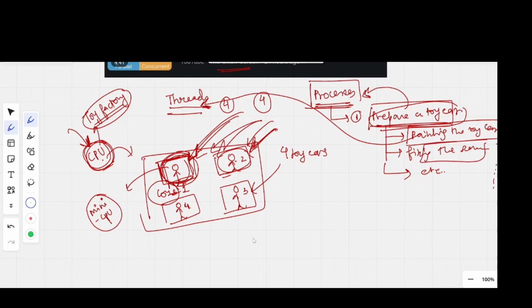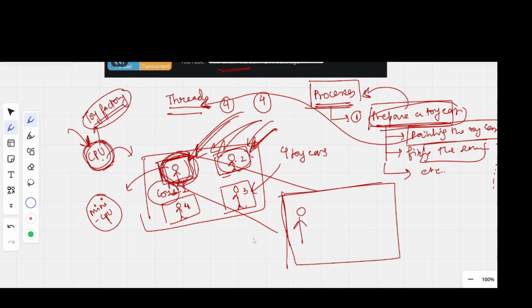There can be multiple threads, right? Now if I just take one single core and zoom in, here is our worker sitting at his desk. Then this worker, if you see, he just has two hands, just like any other human. Now this worker at a time can only either paint the car or fix the screws, right?